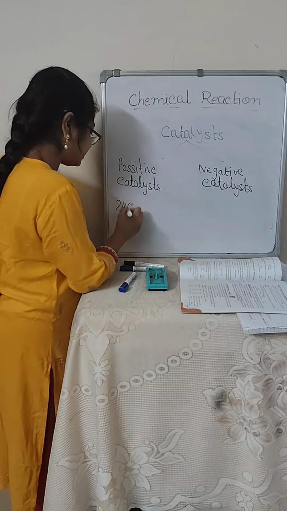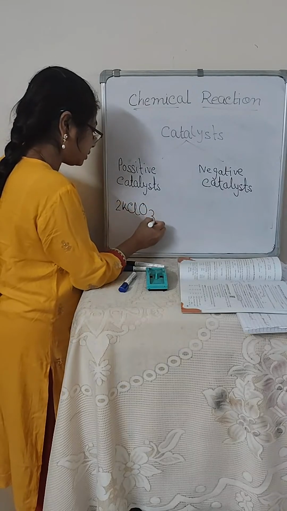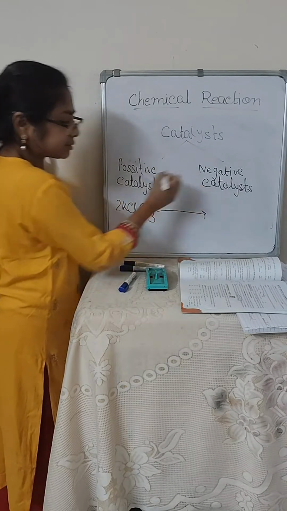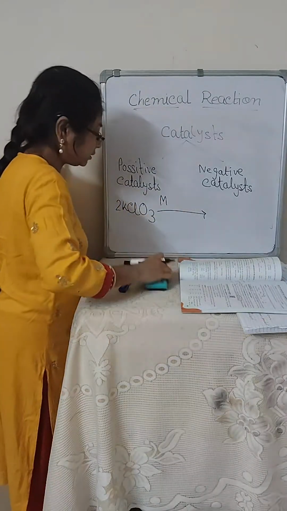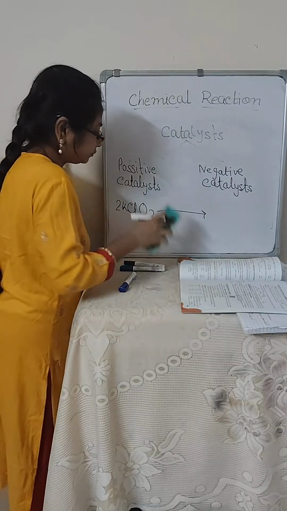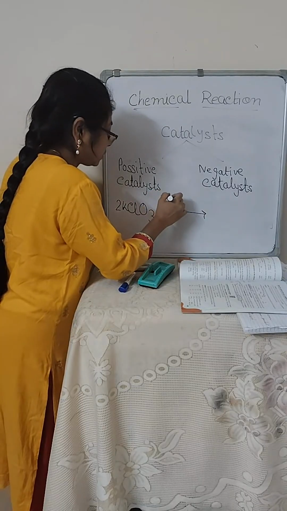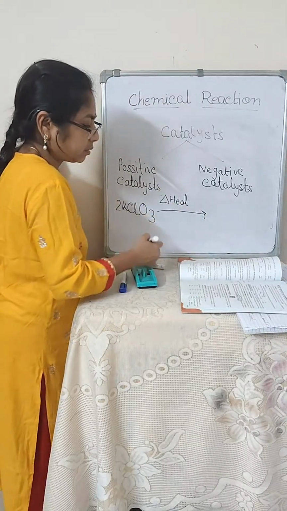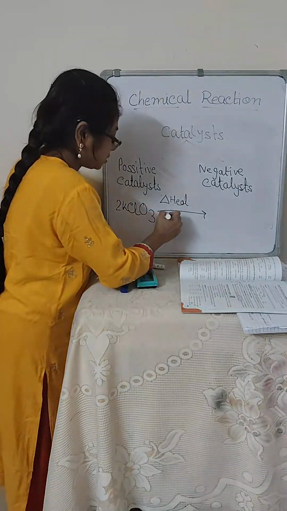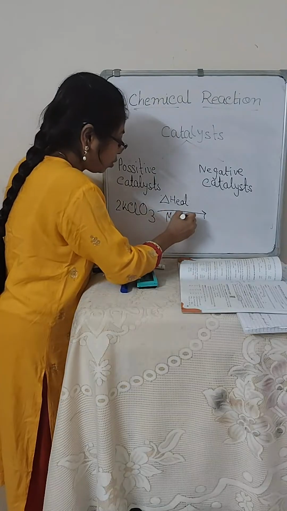2KClO3, potassium chlorate. What happens? You need the heat, and MnO2.